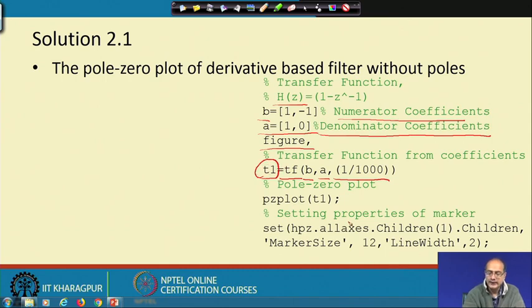Now to plot that we use the command pzplot, all of these are inbuilt functions of MATLAB. So, we use the command pzplot T1, which will make that plot; it will plot the unit circle as well as show the location of the poles and zeros, and the last line is to set the properties of the marker to make them more visible.